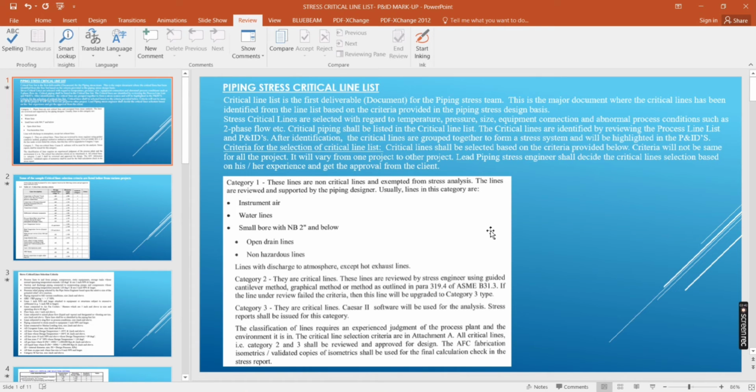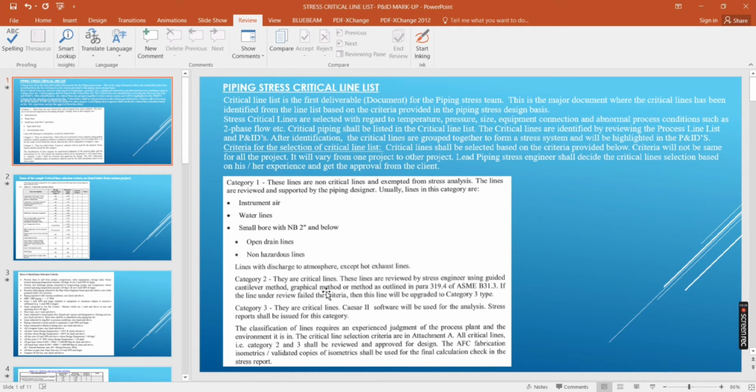Category 2 is mentioned as critical lines. These lines are reviewed by the stress engineer using the guided cantilever method or some graphical method, or based on experience. Generally we call this a visual review, category 2 lines. In some cases, lines which do not require stress analysis are still modeled in CAESAR in order to get the piping loads for some big bore lines.